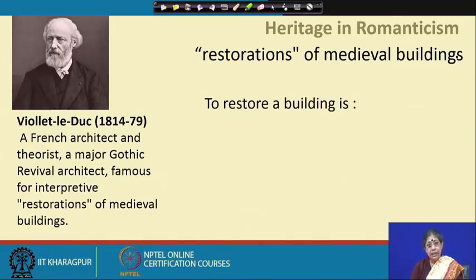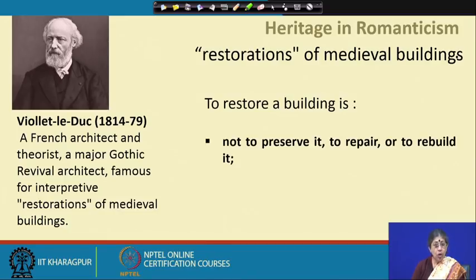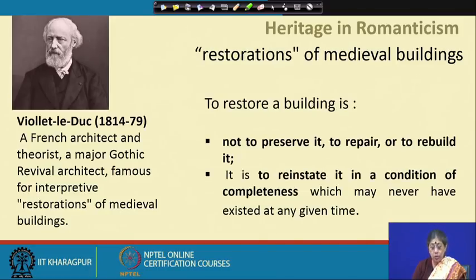What he says is that to restore a building is not to preserve it, to repair or to rebuild it, but to reinstate it in a condition of completeness which may never have existed at any given time. So, what does it mean, reinterpreted, which may never have existed?